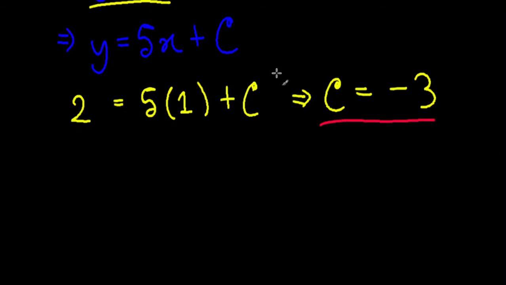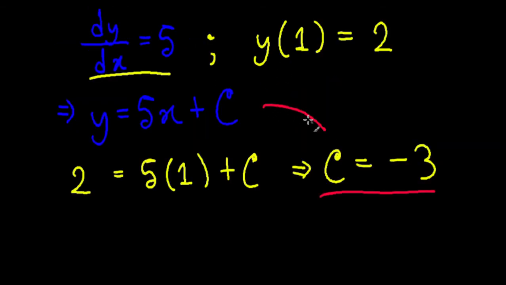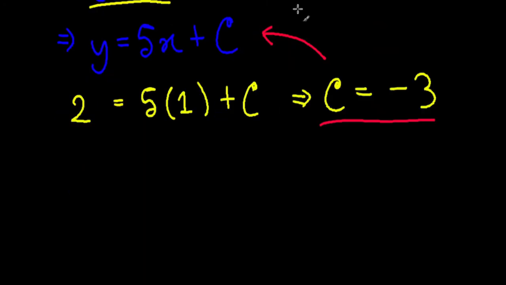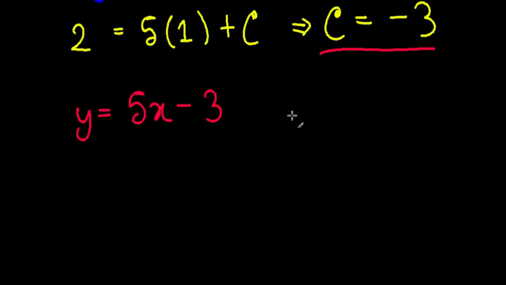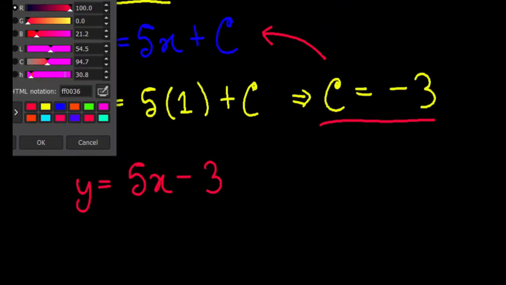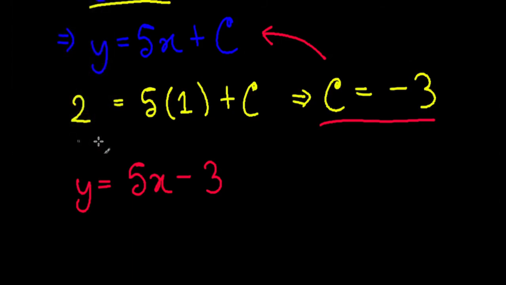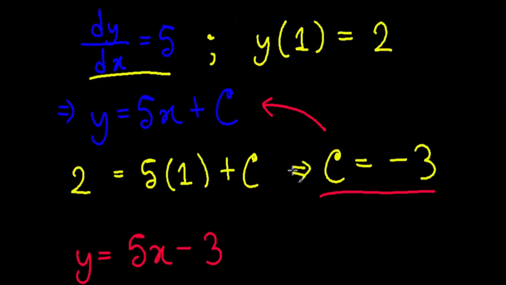If you plug this into our general solution, we're gonna get one particular solution, y equals 5x minus 3. And I purposefully made this the same as this. So what I'm saying is, what really allowed us to get to this particular solution?